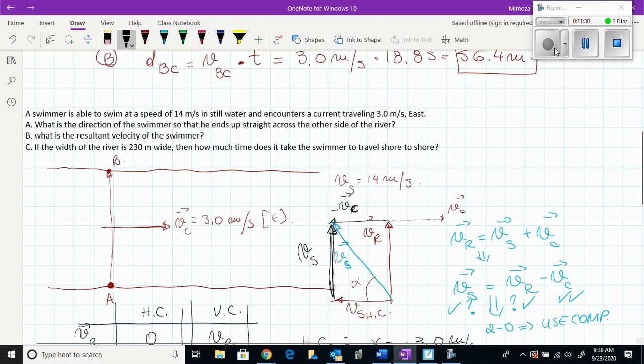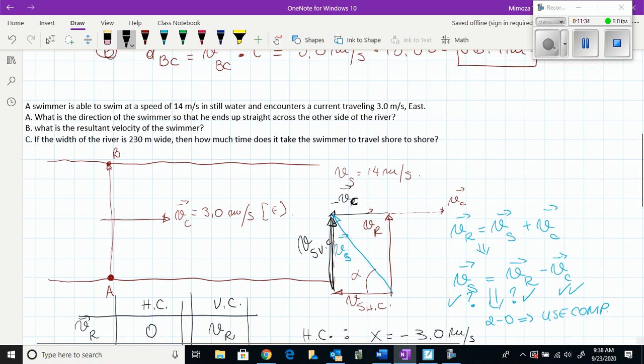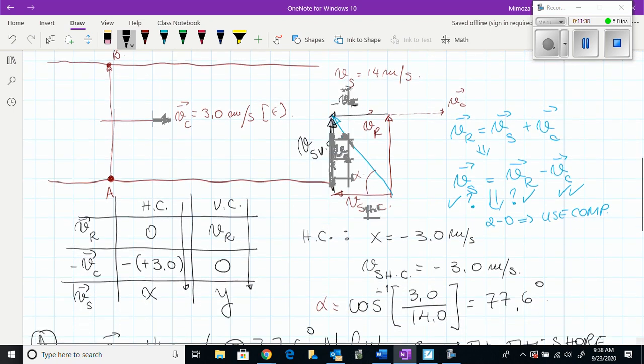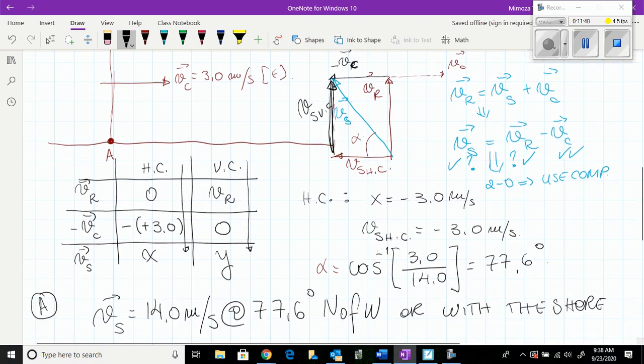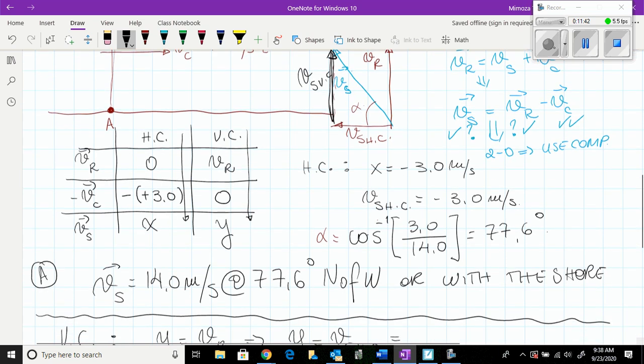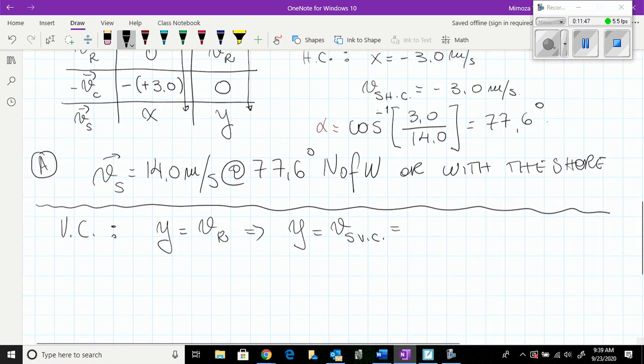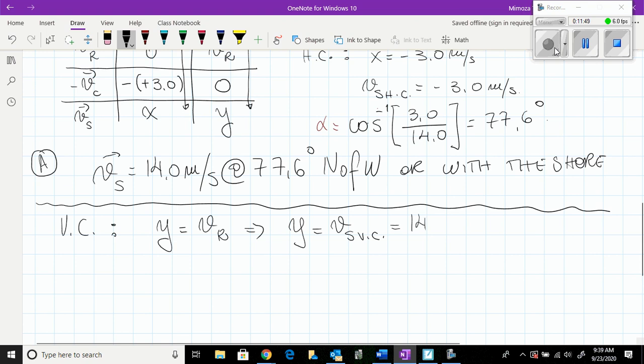So this is the vertical component of the swimmer's velocity, and it is whatever is the velocity of the swimmer, 14 times sine of the angle that we just found, 77.6 degrees.